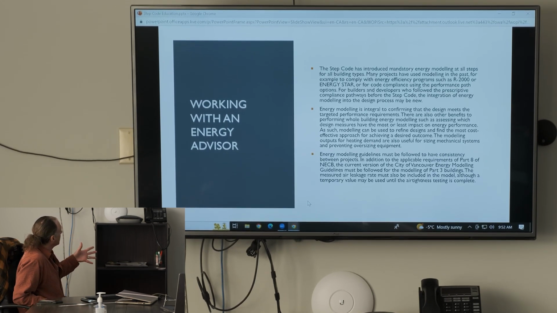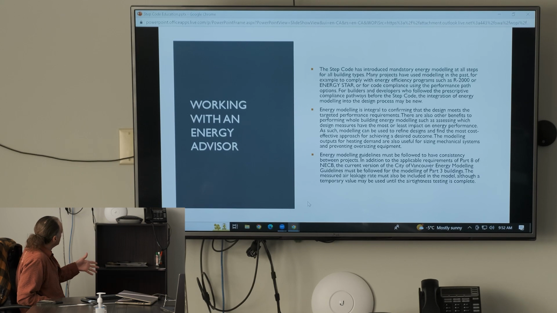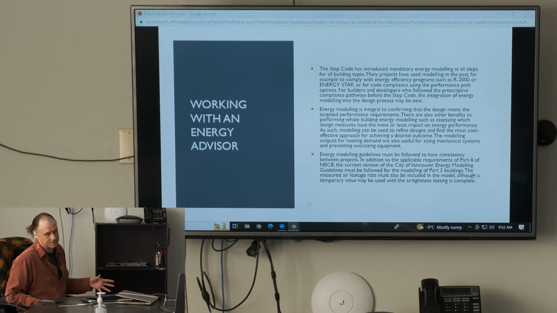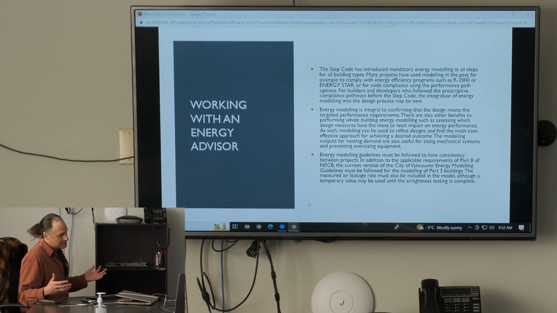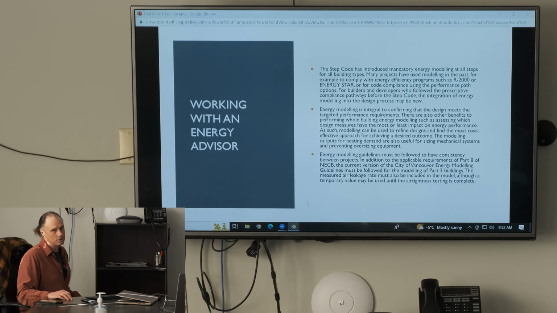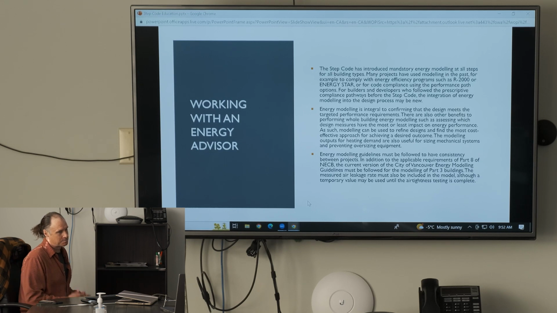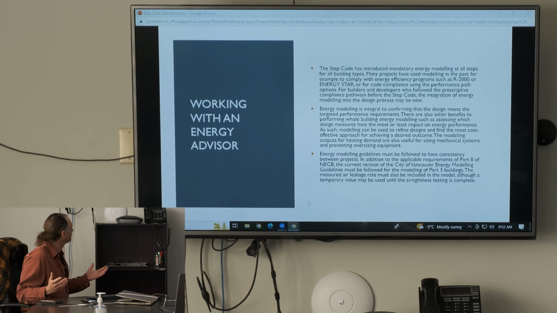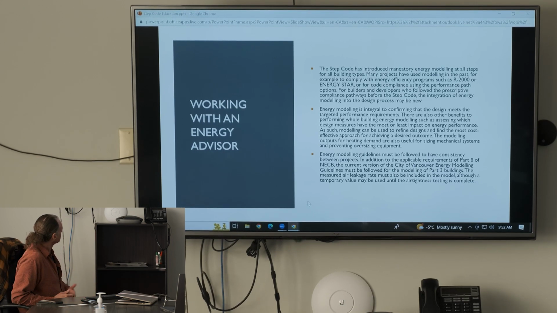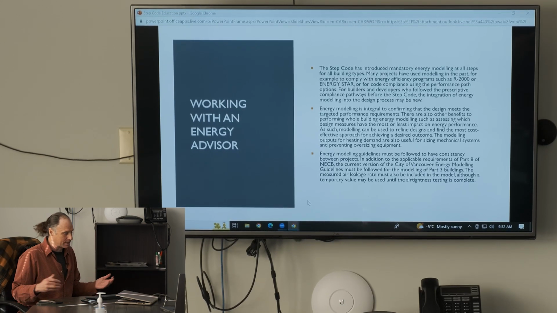So the step code has mandatory energy modeling at all steps for all building types. It starts off with an energy advisor modeling the house based on the plans that are provided. And that's going to happen in HOT2000, which is the energy modeling software.